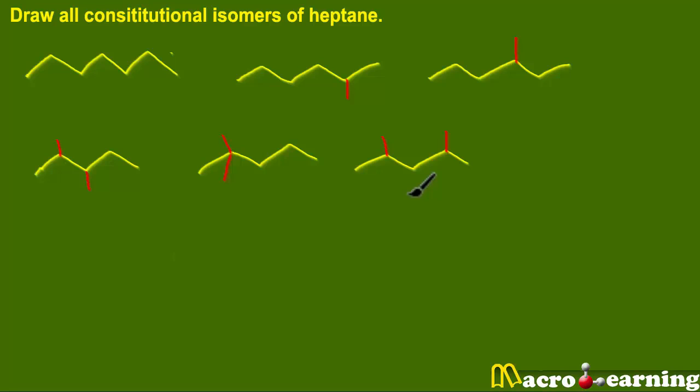I think there's one more, where both methyl groups go onto the middle carbon, right? Now we have exhausted all the possibilities, I believe. So that's it for 2 methyl groups onto a 5-carbon chain. But remember, there's another possibility where we can have 1 ethyl group instead of 2 methyl groups. Still a 5-carbon chain.